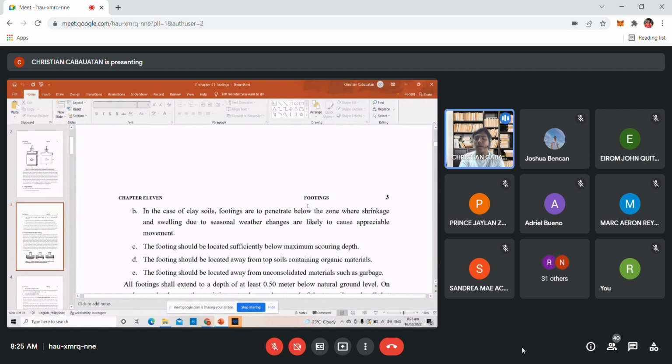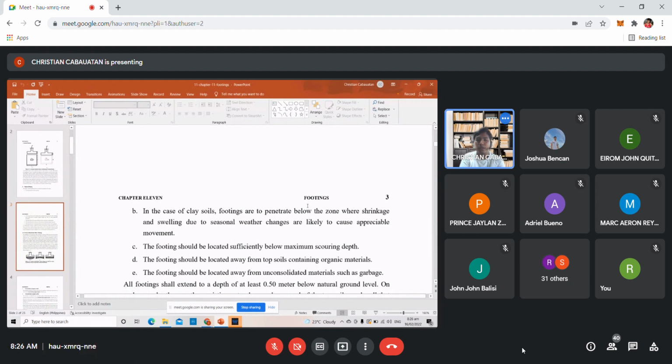So kapag ganyan, malambot yung soil, soft yung soil para makapag-handle siya doon sa design footing mo. So, kailangan i-place mo siya, your footing should be placed away from these considerations, from these criteria.